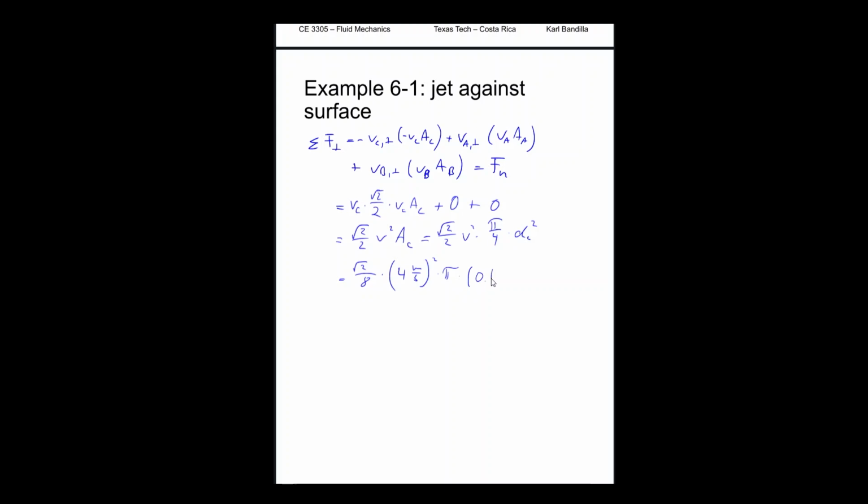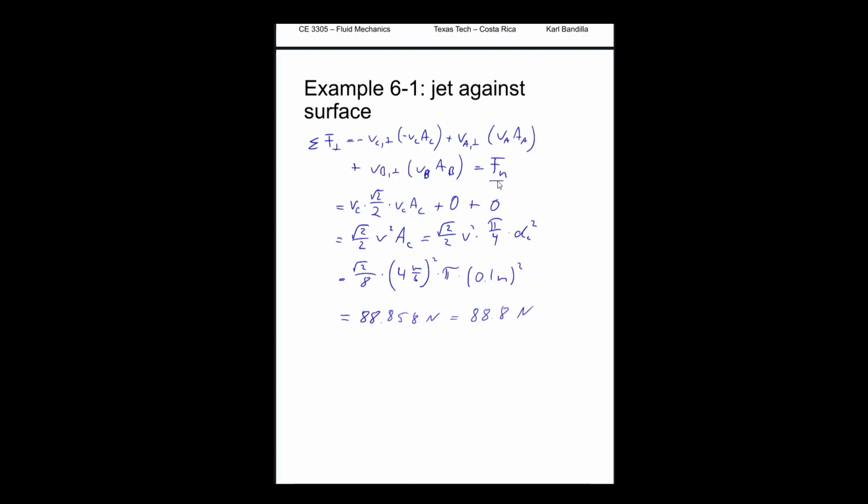DC was 100 millimeters, so 0.1 meters squared. And if I plug it into my calculator, I get 88.858 Newton, or if I round it to three significant digits, I get 88.8 Newton.